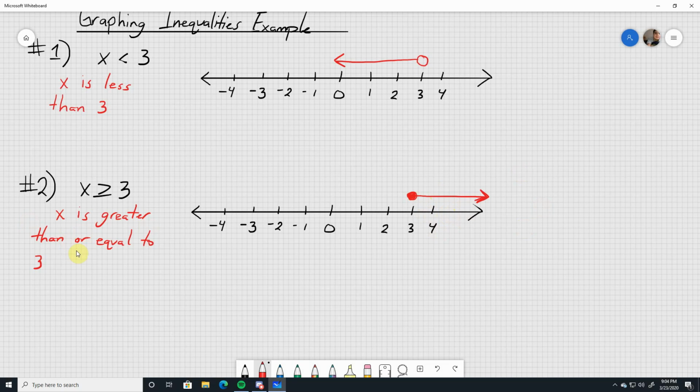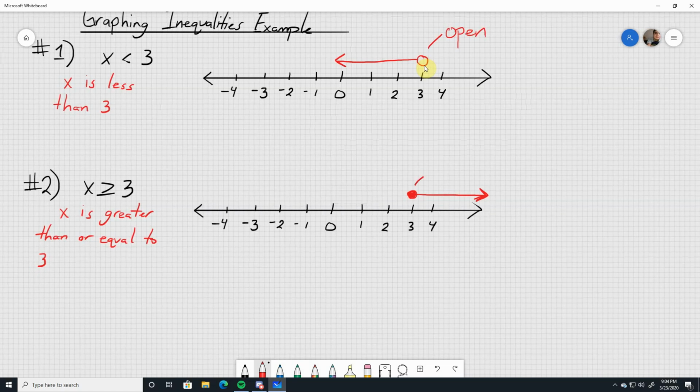Now, that's pretty much the answer, but let me explain one more thing. If you look at this one and this one, there are two different things. One's less than, obviously, and one's greater than. But I'm talking about these circles. This one's open, and this one is closed.